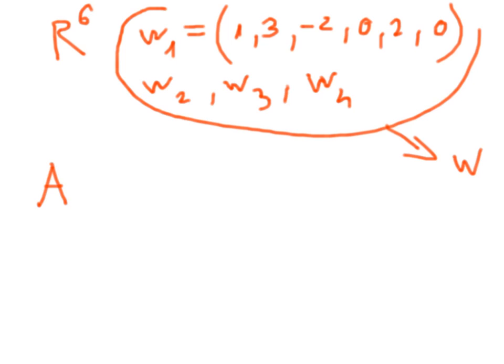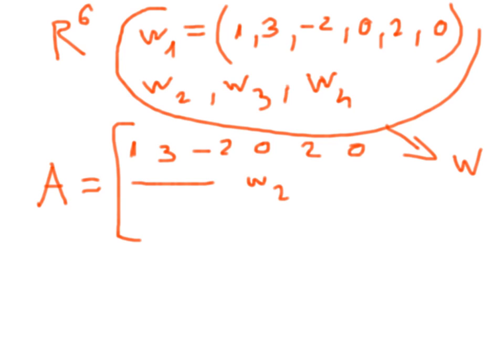So basically the trick is just to create a matrix A in which in each row you put these vectors. So 1, 3, minus 2, 0, 2, 0, this is W1, and then here you will put W2, W3, and W4. You can follow the Anton.